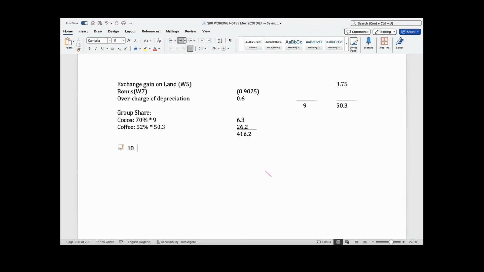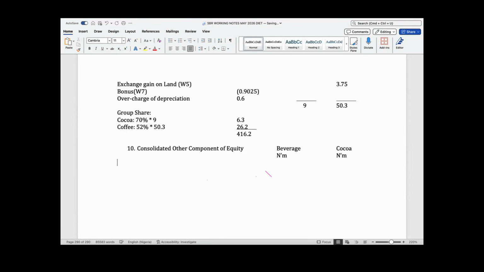Then my consolidated other component of equity. This is between beverage and cocoa because the other company does not have other component of equity.